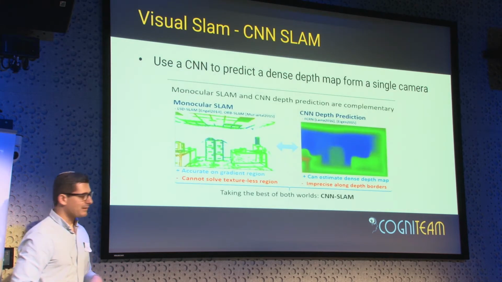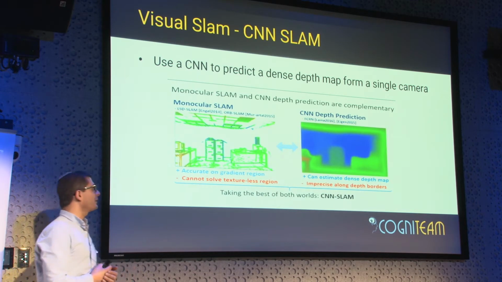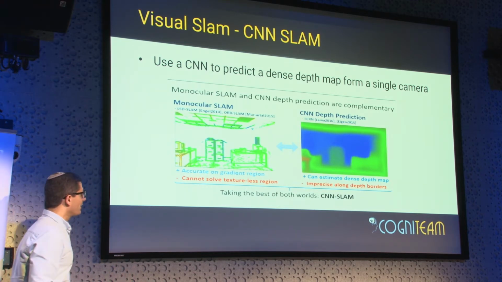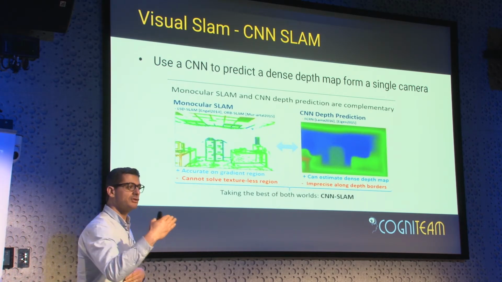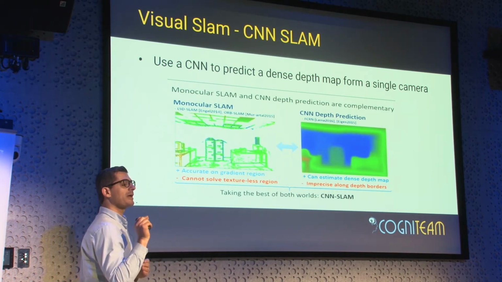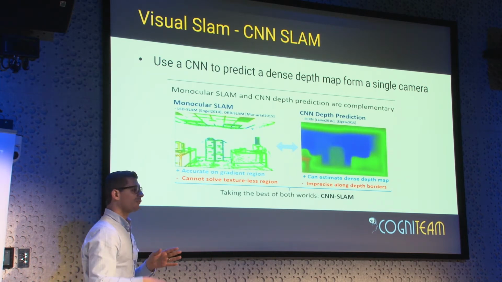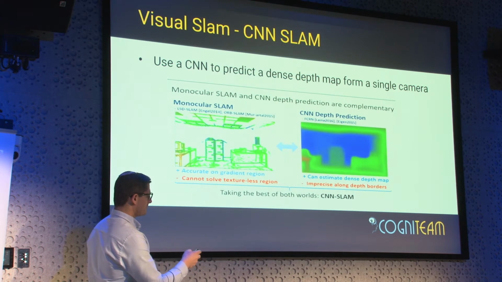One of the latest algorithms is based on a convolutional neural network and is called CNN-SLAM. They teach the machine to recognize depth from a single camera using a neural network. Then you can see this image.